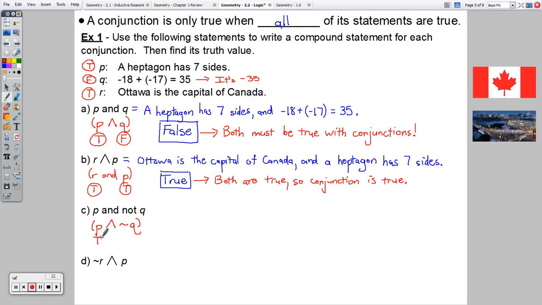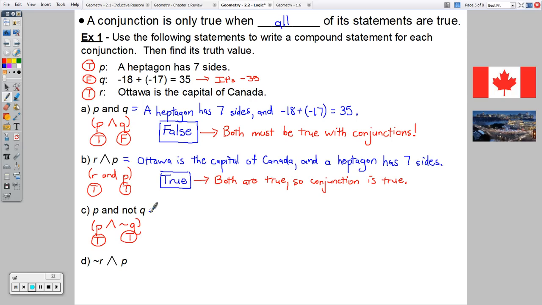Yep, P is true. Is Q true? Q was false. I think I might have misspoken. Q was false. That means not Q is true. Not Q is the opposite of that. And so we have something that's true and true.